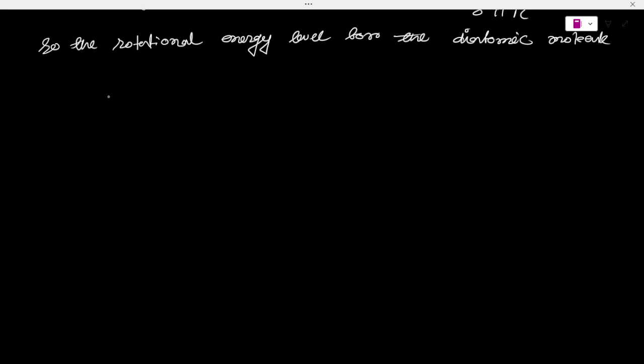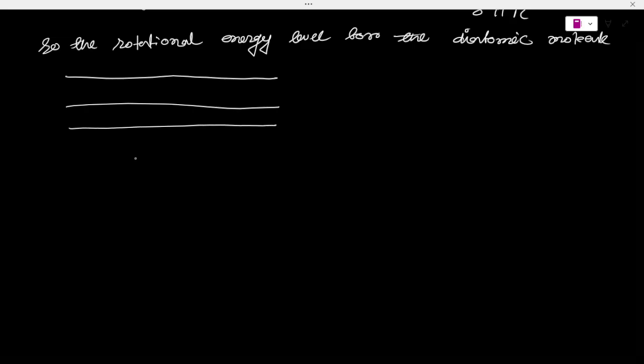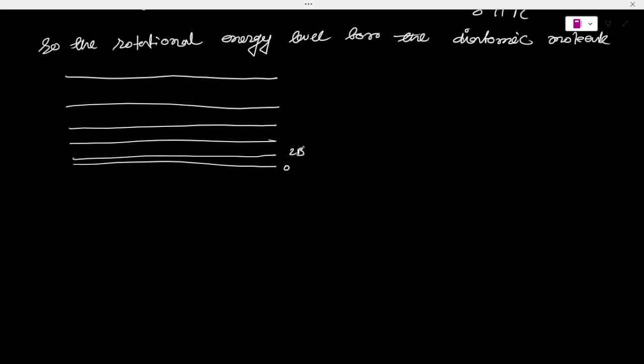It will be this. Okay, so this is 0, this is 2B, this is 6B, and this is 12B, and this is 20B.